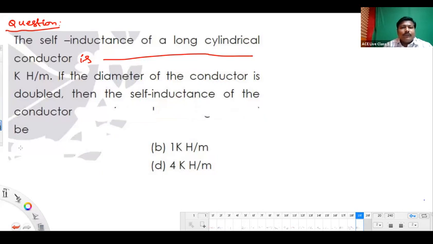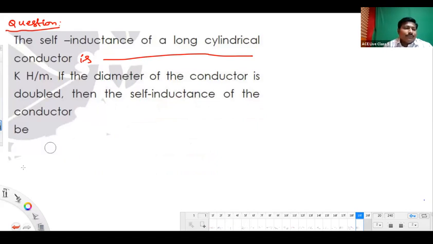Will it remain K, increase or decrease? Definitely it changes. Increasing or decreasing? If the diameter is doubled, the radius is doubled. So if the radius increases, the self-inductance value starts decreasing.